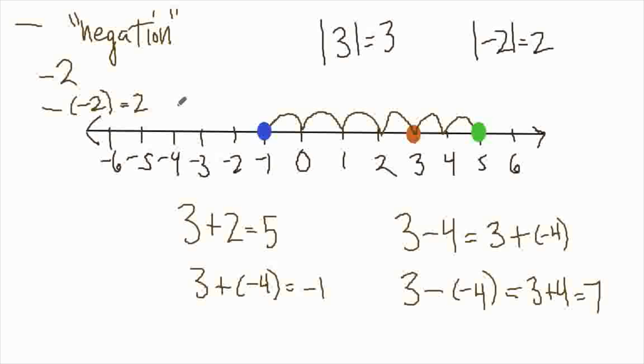This is just another way to see how two negatives blow each other up, you might say, and you end up with a positive. Again, think of the number line and think about addition and subtraction as moving to the right or left.